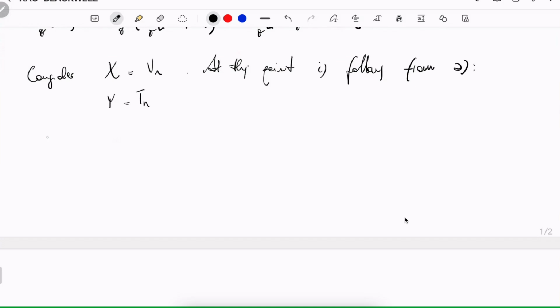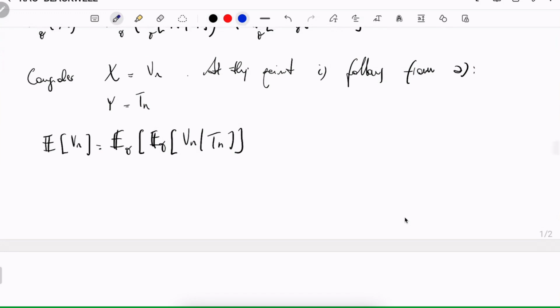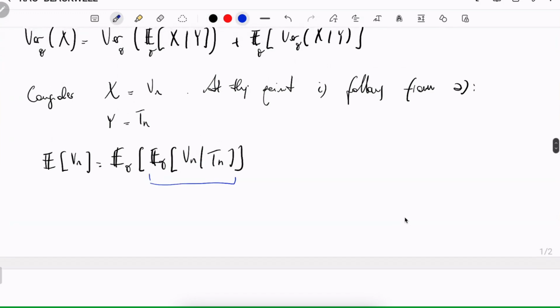So we have the expectation of Vn is equal to the expectation of the conditional expectation of Vn given Tn. The claim is that this object right here is unbiased. But what is this? We know that Vn is an unbiased estimator, so this is equal to theta.